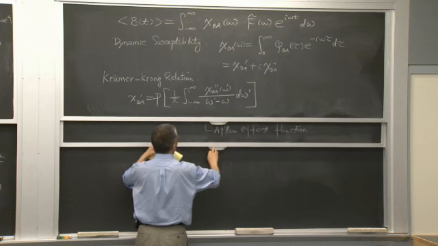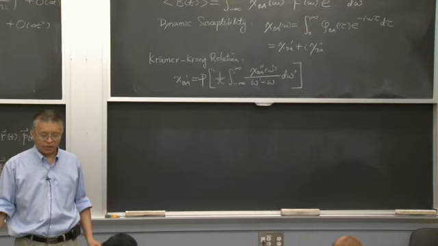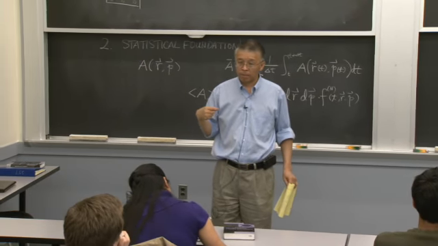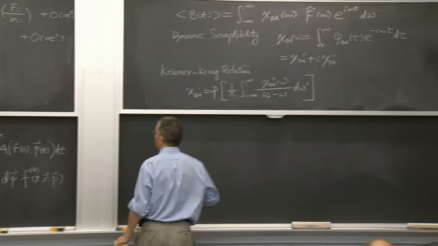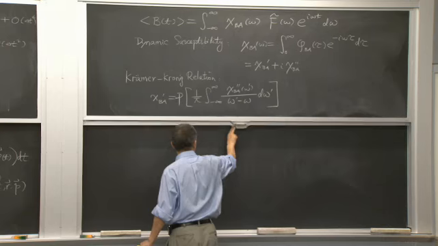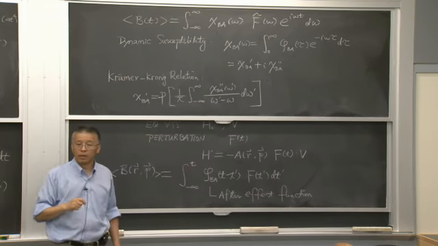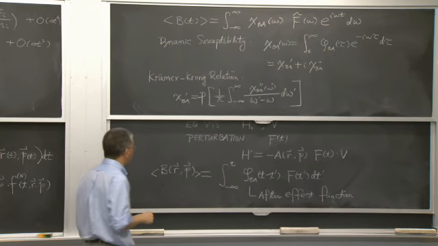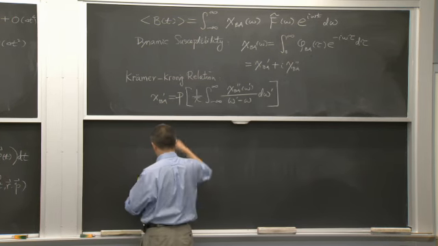If you say this is a response to a different phase space variable, but if B is the same as A, right? And A is here a disturbance to the Hamiltonian, the energy of the system. So in fact, when B equals A, there's a useful relation.